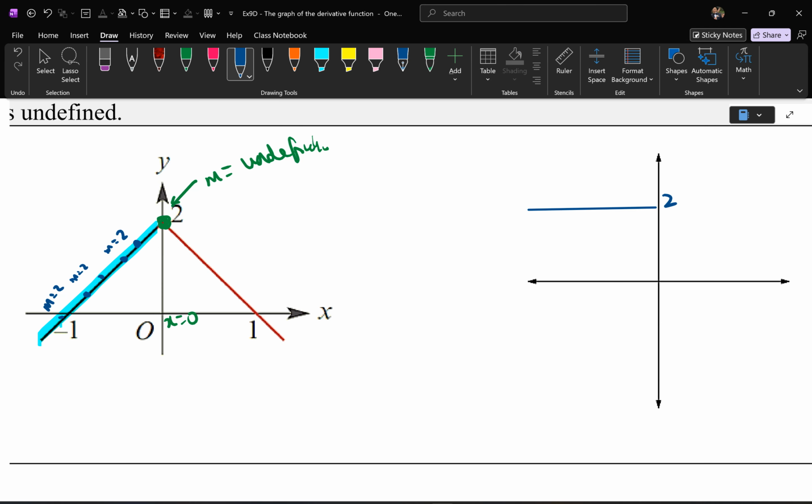But then what's interesting is that as soon as you pass the 0 point, and you go to x equals 1, x equals 2, x equals 3, the gradient now is negative 2. Every single point has a gradient of negative 2. So that means on this side, your gradient now is negative 2. So why is it undefined at this specific point? Because at x equals 0, right here, is the derivative going to be 2? Or is the derivative going to be negative 2?